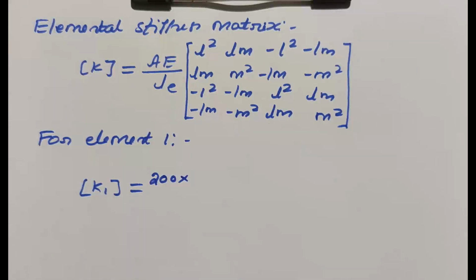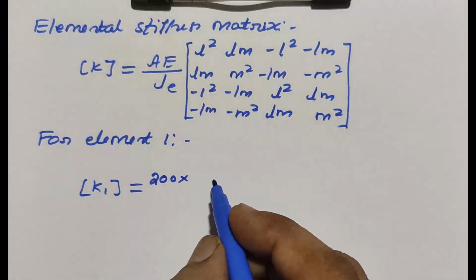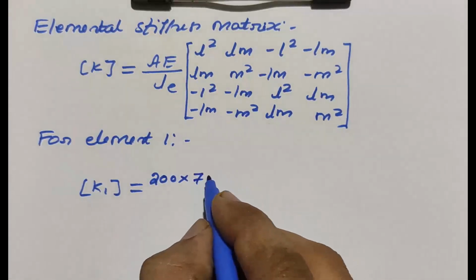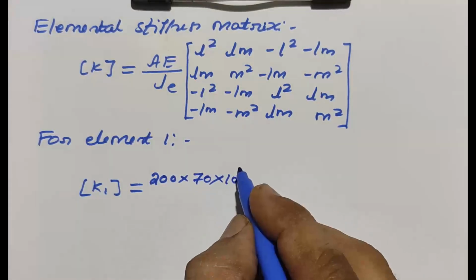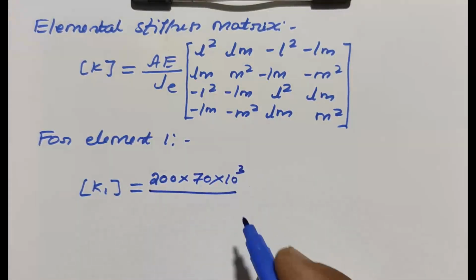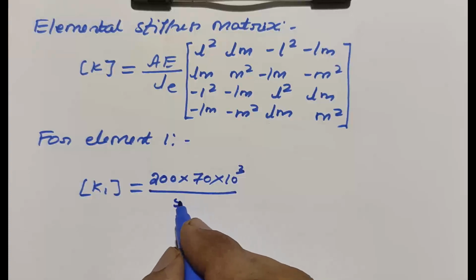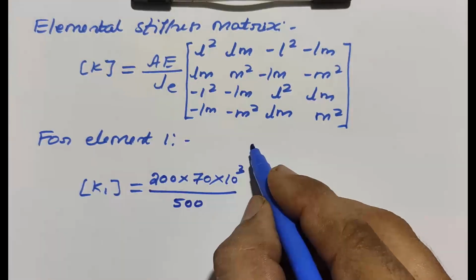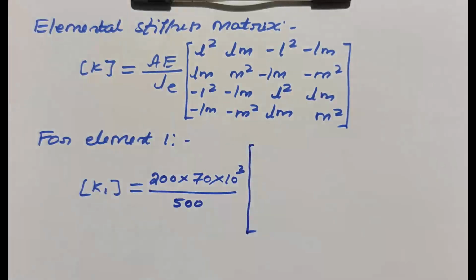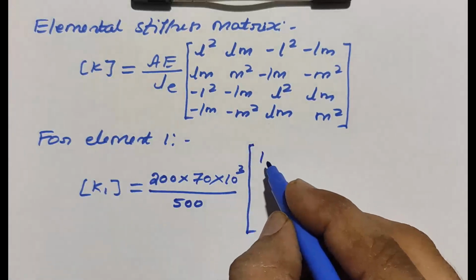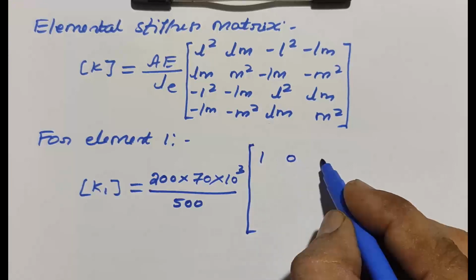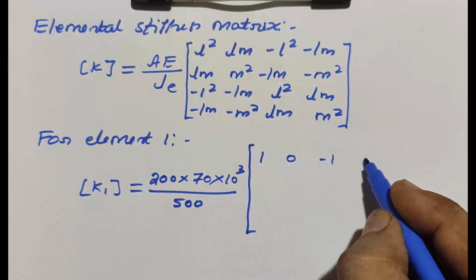It is 70 gigapascal. If you convert it into Newton per mm square, it is 70 into 10 power 3, divided by the length of the first element, it is 500 mm. L square, it is 1, LM 0, minus L square, minus LM 0.